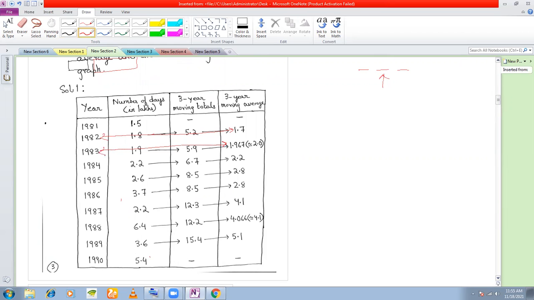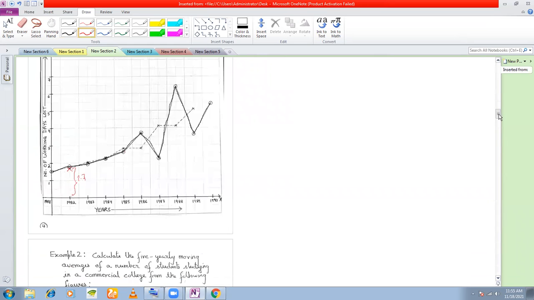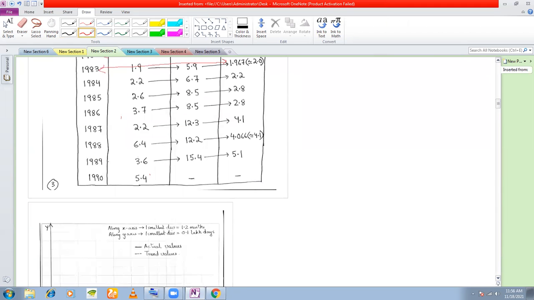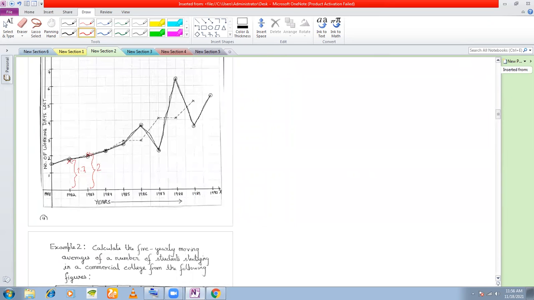It is 2. So against 1983 on the x-axis, I plot 2 units on the y-axis. So this cross here represents the moving average for 1983, and so on. I plot for all, till which value do I plot? Till 1989. See that the last value here is for 1989, right?